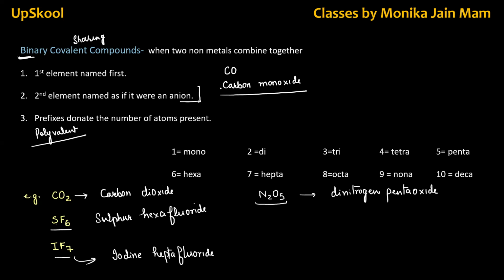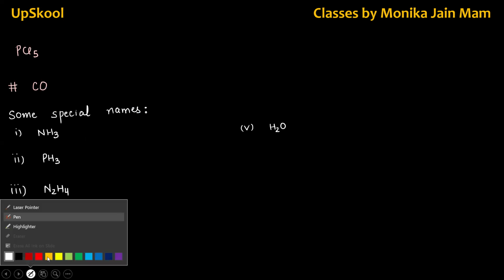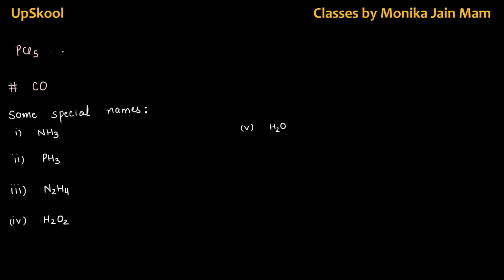And this mono is not with the first element, it is always with the second element. So what is the name of this PCl5? PCl5 is phosphorus pentachloride. And this we have already done. So it is carbon monoxide.